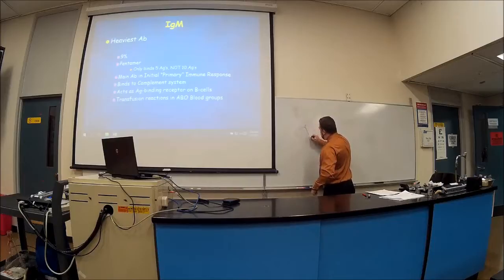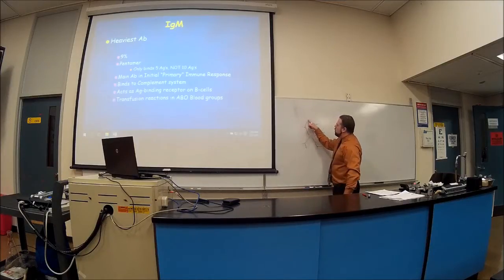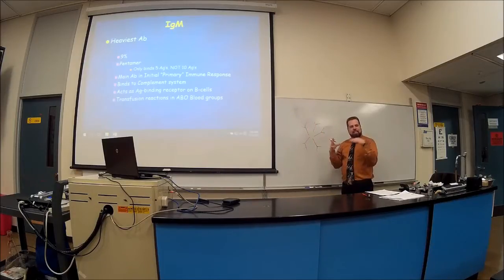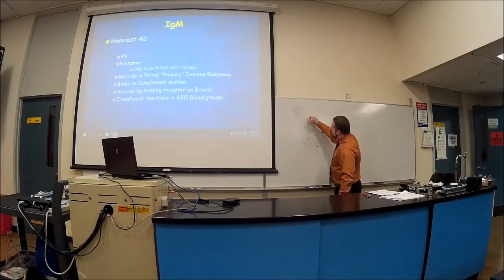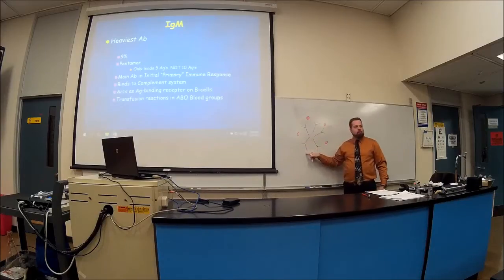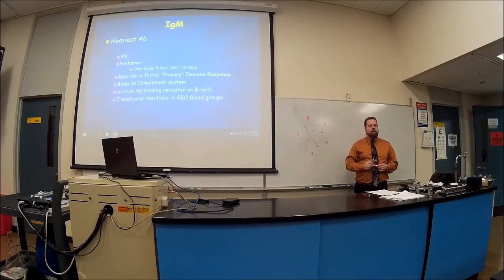Because of the way it's set up, yes, the variable ends over here, there's 2, but because of the way the pentamer is, it's pretty tight, you can only fit 1 antigen here, 1 here, 1 over here, 1 over here, 1 over here. You would think because there's 2 here, you would have 10 antigens going on here. But the way that it's constructed, you could only fit 5 antigens.